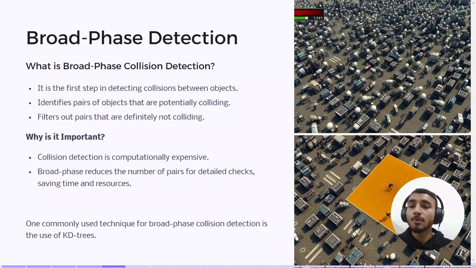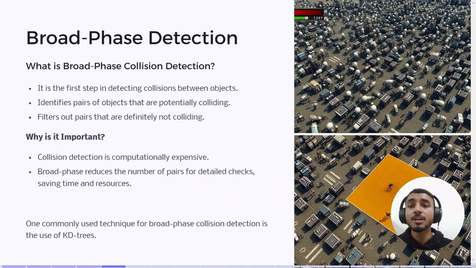Consider that broad phase detection doesn't check for the actual collision, but it narrows down the objects which may collide. Think of it like filtering through a list of potential suspects before doing a detailed investigation.